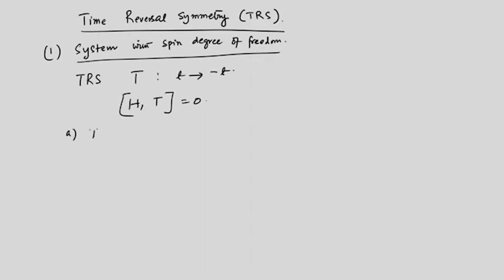So if it is T X T inverse, this is how the operation is discussed. T X T inverse is equal to X, and T P T inverse is equal to minus P. So the position variable X does not change sign, but P, which is equal to mV, and V is dX by dt, since t changes sign, P has to change sign.